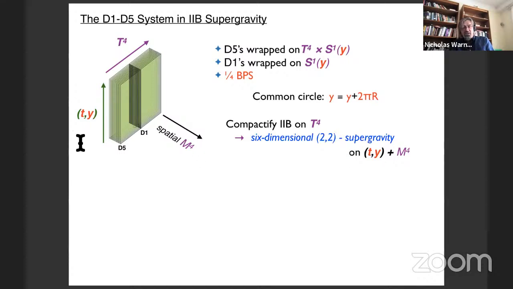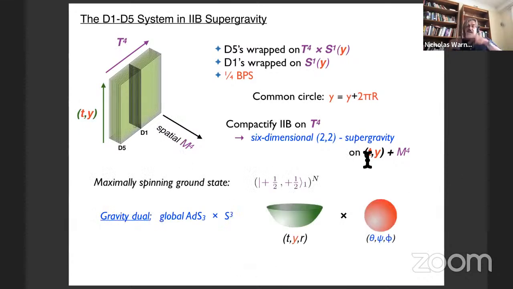The 6-dimensional manifold is simply the common directions of the D1 and D5 and the spatially transverse R4. The T4 is gone. And then the important starting point is really this Lunin-Mathur situation, which is you take the maximally spinning supertube or the maximally spinning ground state, and this AdS region becomes global AdS3 times S3. This is the structure that's going to be with us all the way.